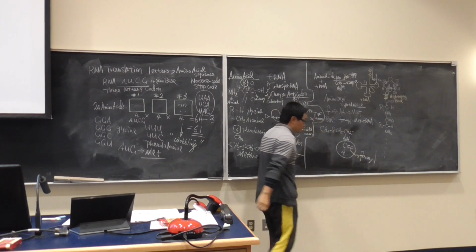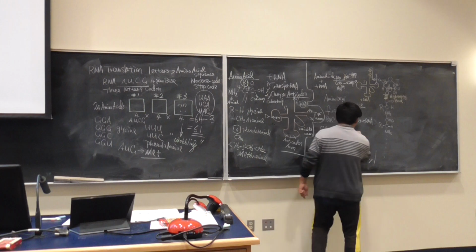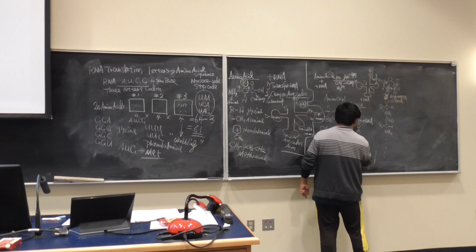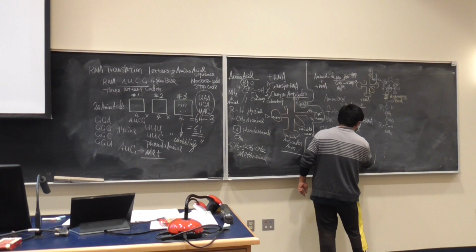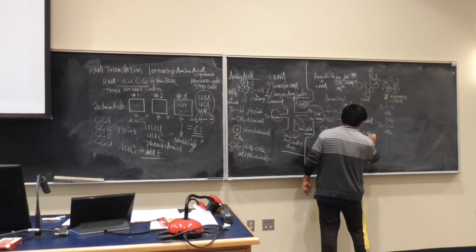It has an aldehyde group, the formyl group. So you go here, CH NH2, then tRNA.